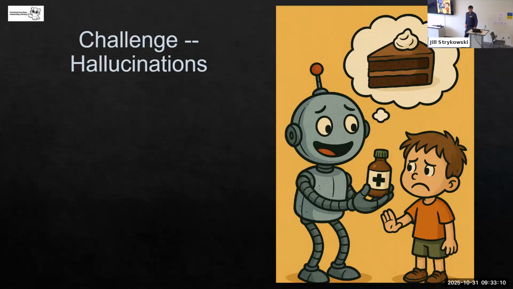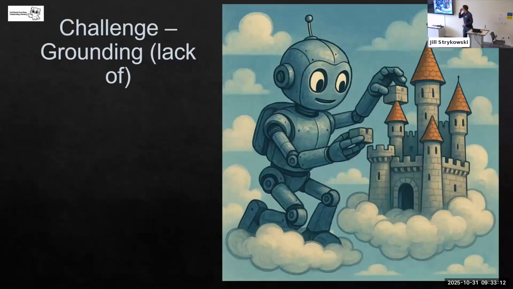So hallucinations are one challenge, and the other one that I've been learning about lately is what the AI people call grounding. It's not necessarily getting things wrong, but not being able to track. Even when the AI gets things right, you're not able to figure out where it got the information from. There's a very famous AI researcher, I can't remember his name right now, who talks about large language models as having a fuzzy memory of everything on the internet.